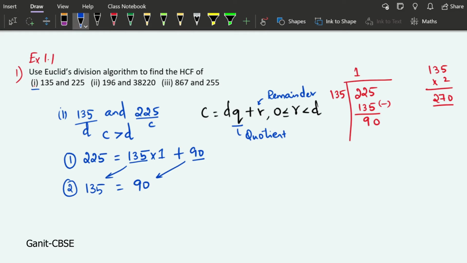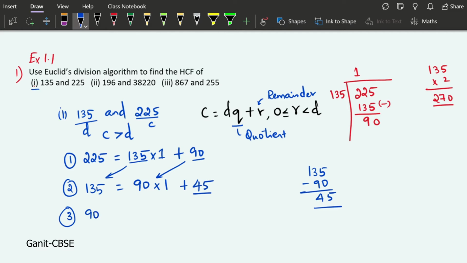So 135 is equal to 90 times 1, and the remainder will be 135 minus 90, which is 45. Still we didn't get the remainder as 0, so we'll go with the third step.